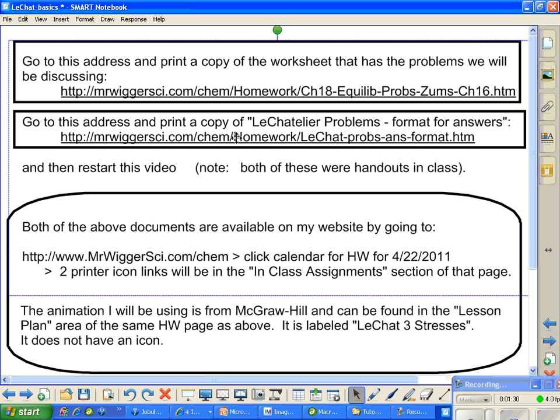After you copy this down, you can restart the video. You can also get those things this way. Down here is showing you how to get to the same places, only you don't have to put in a web address other than mrwiggerside.com/cam, which is this one. So go ahead and copy everything down and stop the recording.